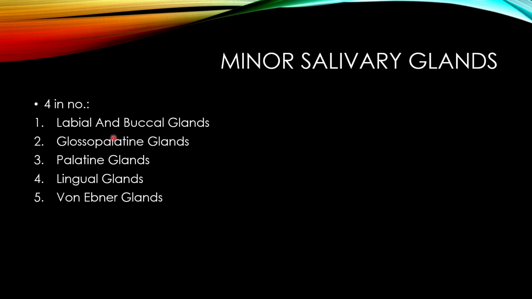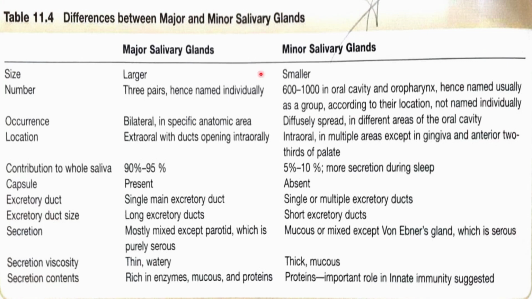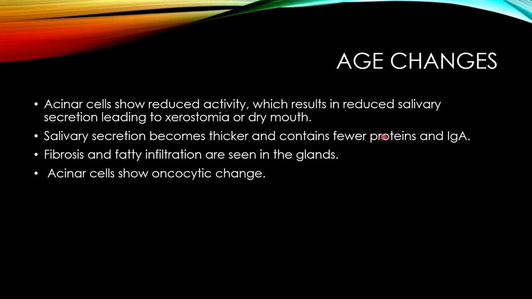And it has a very remarkable relevance with the third year. So you have to thoroughly study about it. Lingual glands, von Ebner glands. The major and minor differences between them you can write. It won't come very commonly. It is uncommon to come in your exams. So you can just skip it.